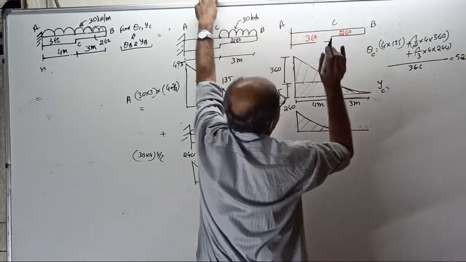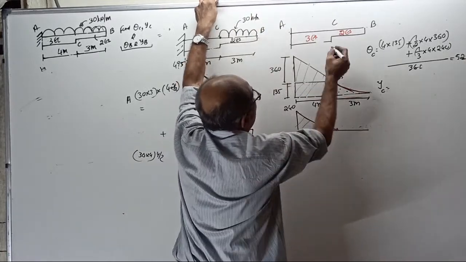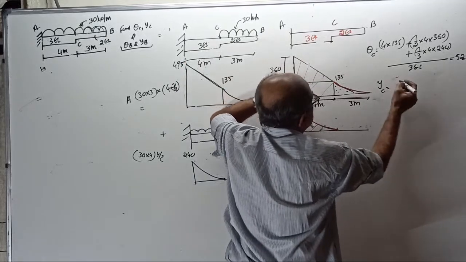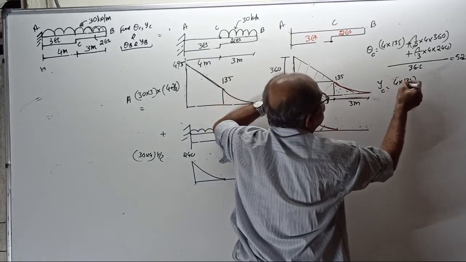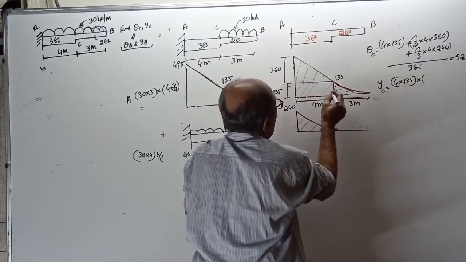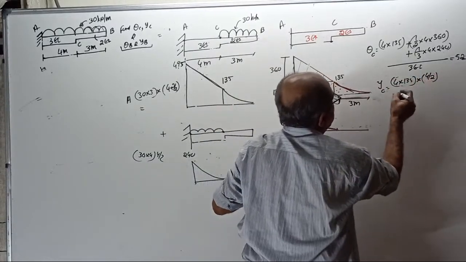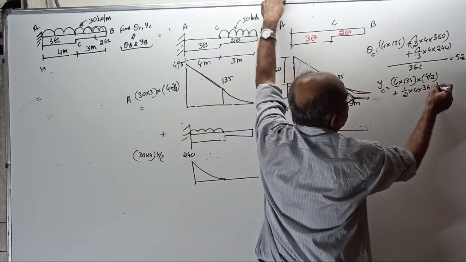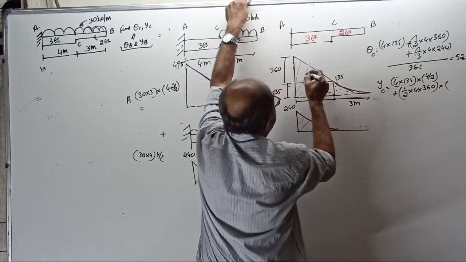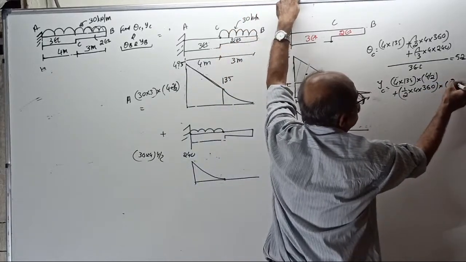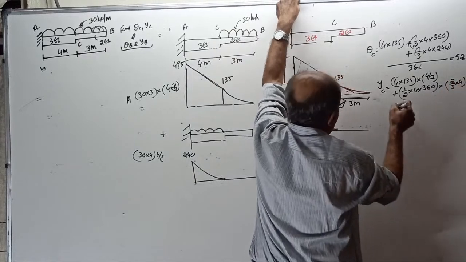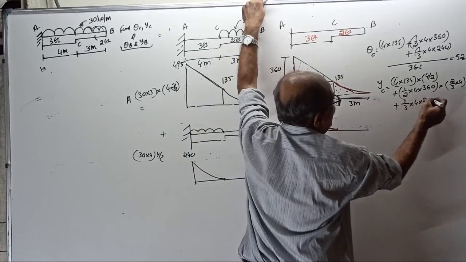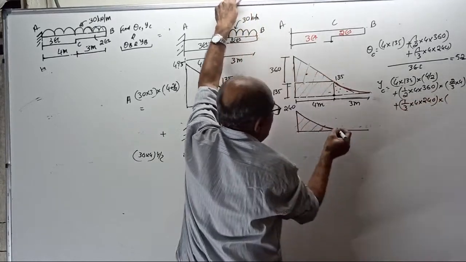Deflection at C is the moment of the area of the BM by I diagram from C to A. Start from the rectangle: 4 into 135 into moment about this point, plus half into 4 into 360 is the next area, into its CG, which from here is 2/3 of 4, plus this parabola area, 1/3 of 4 into 240, into moment about this point.